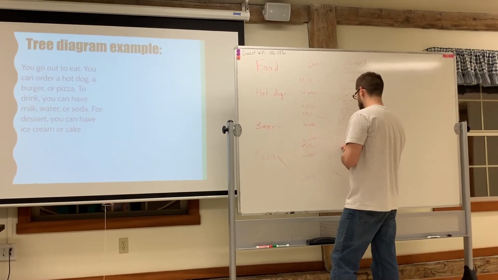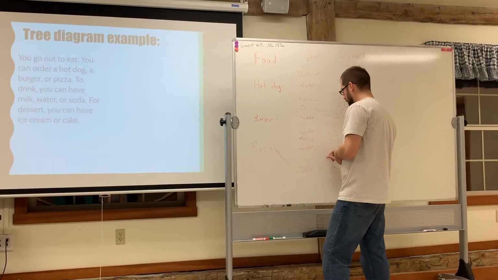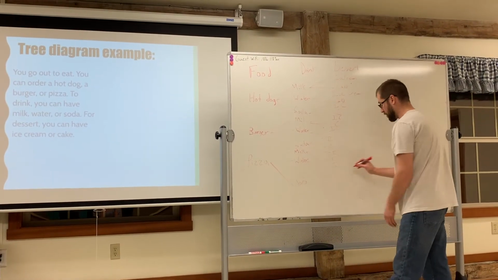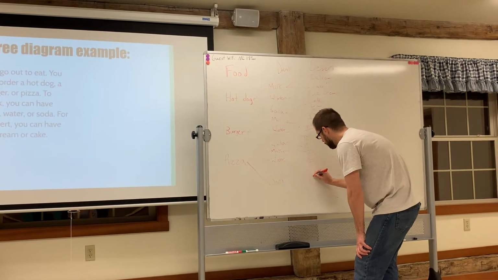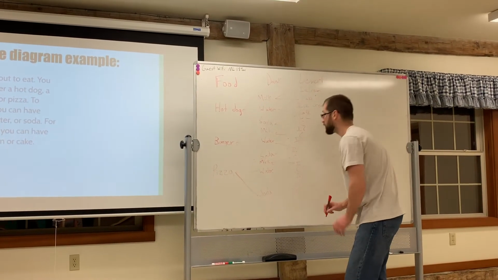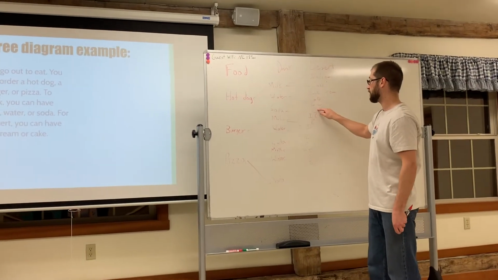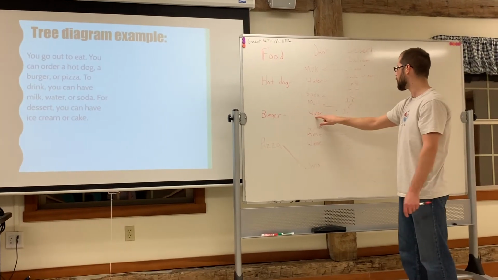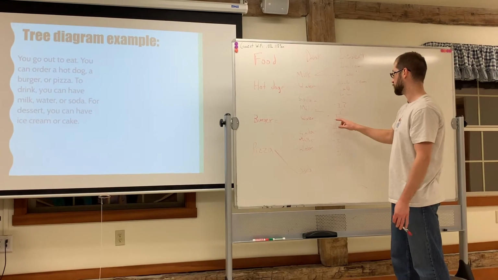The tree diagram principle is we can map out all of our different options. These are literally every combination that we could have. A hot dog with soda and cake, or a hot dog with milk and a cake, a burger with water and ice cream, or ice cream would be here.